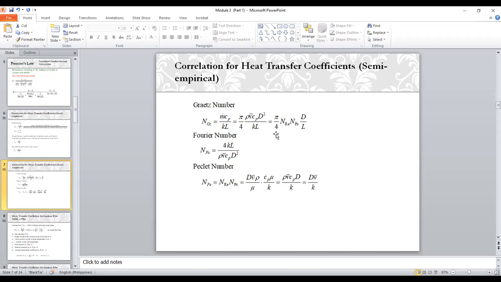So you could see it here in the formula. Then we also have the Fourier number. Now you have this particular formula for it, and we have the Peclet number, which is just like your Graetz number, a function also of Reynolds number and Prandtl number.